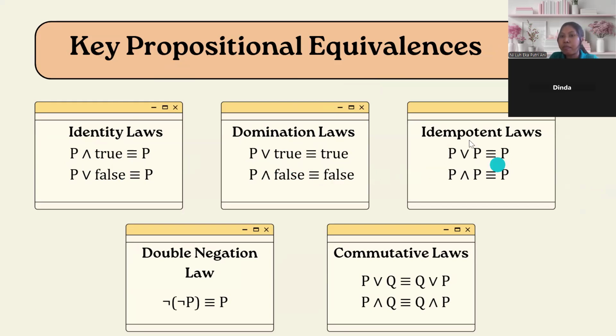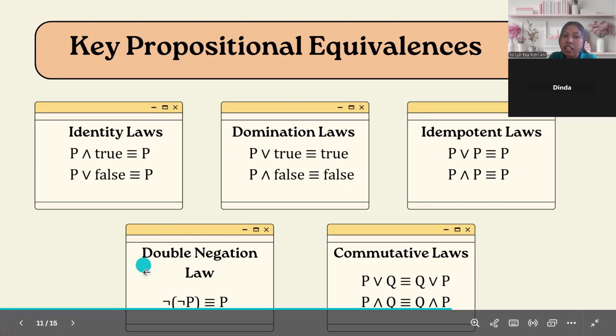We also have idempotent laws. P or P is equivalent to P, and P and P is equivalent to P. Next, the double negation law. The negation of not P is equivalent to P. Next, commutative laws. P or Q is equivalent to Q or P, and P and Q is equivalent to Q and P.